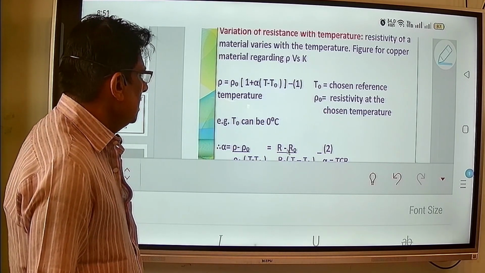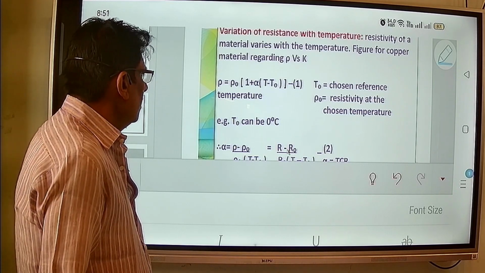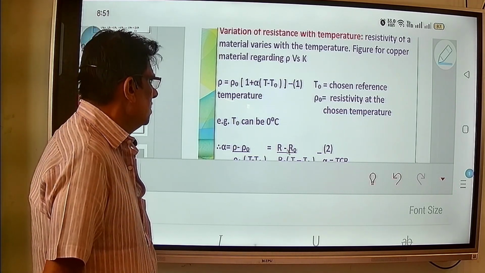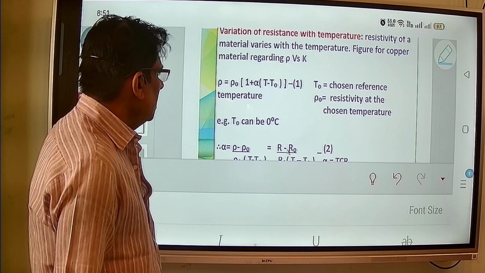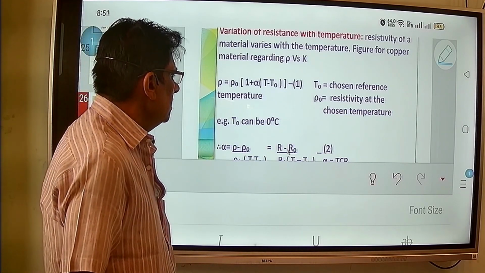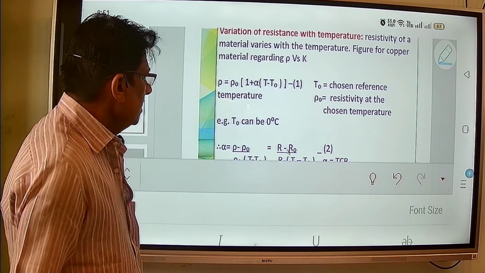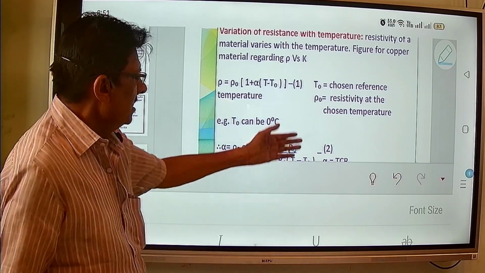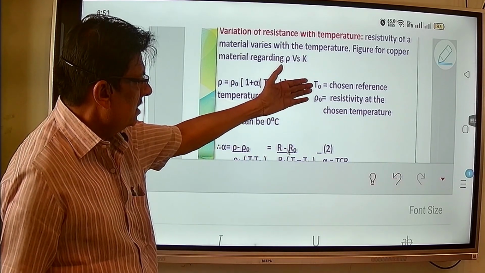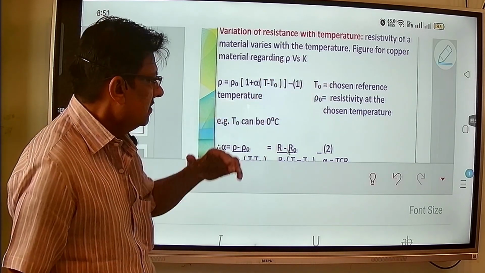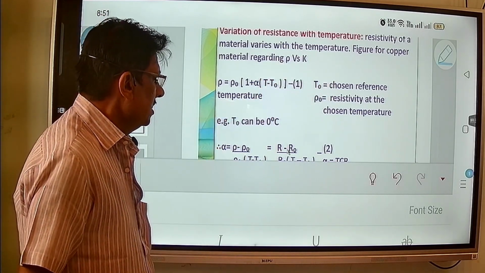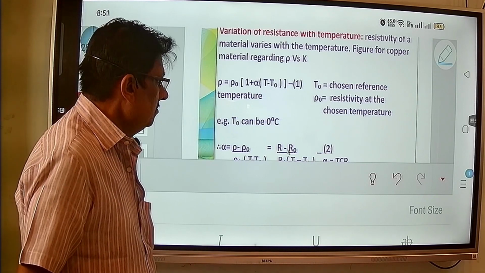Now why is it written like this? When we take the graph, we are considering the initial condition and the final condition. We come to the conclusion that T0 is chosen as the reference temperature, maybe 0 degrees.